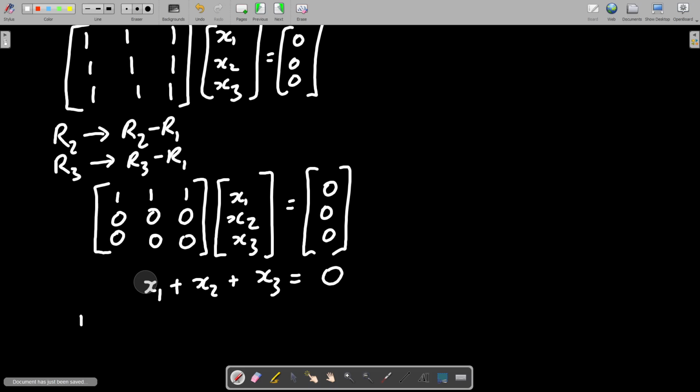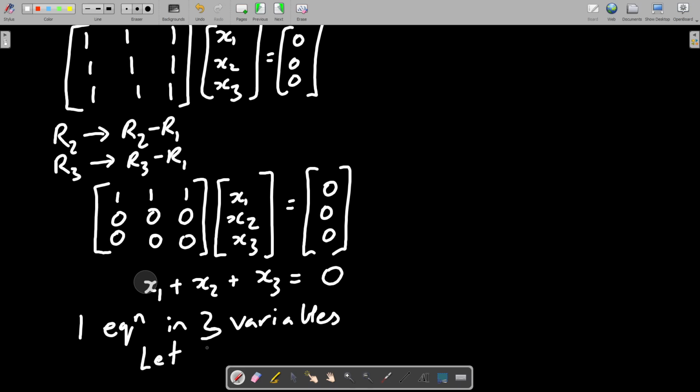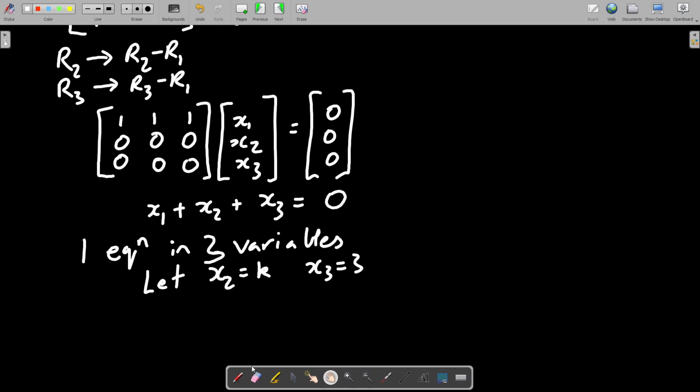Okay, so we have one equation in three variables. So two variables are extra. So let x2 be equal to some k and x3 be equal to l.